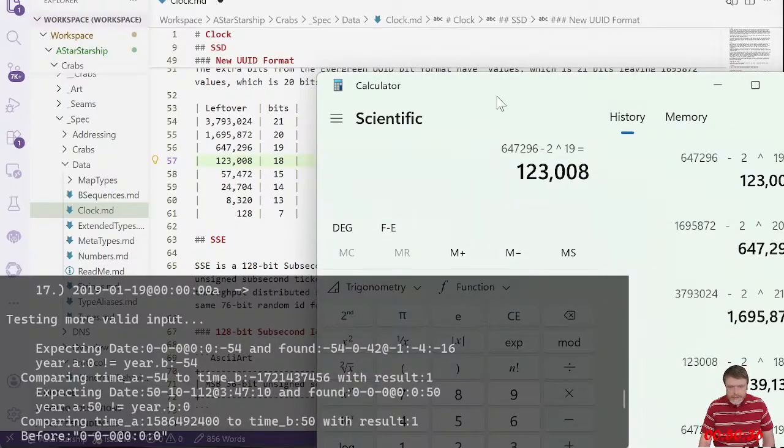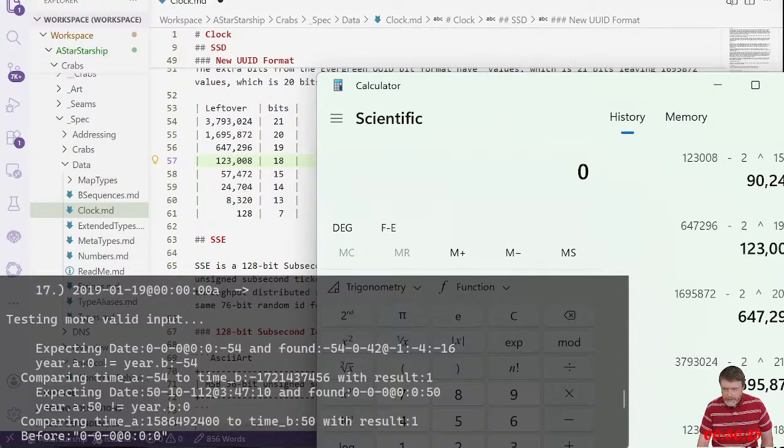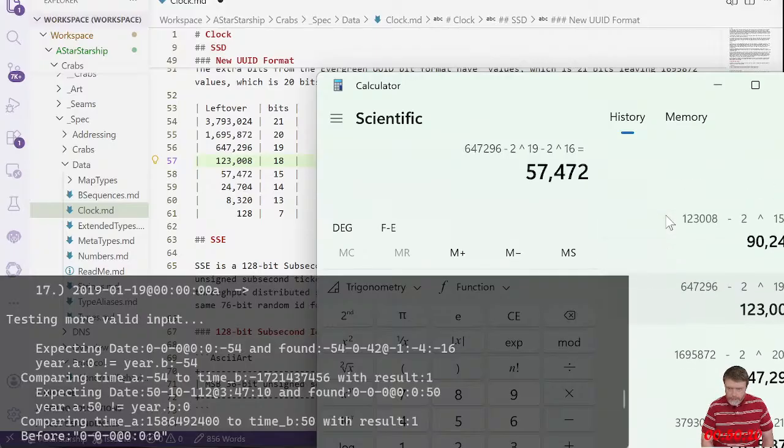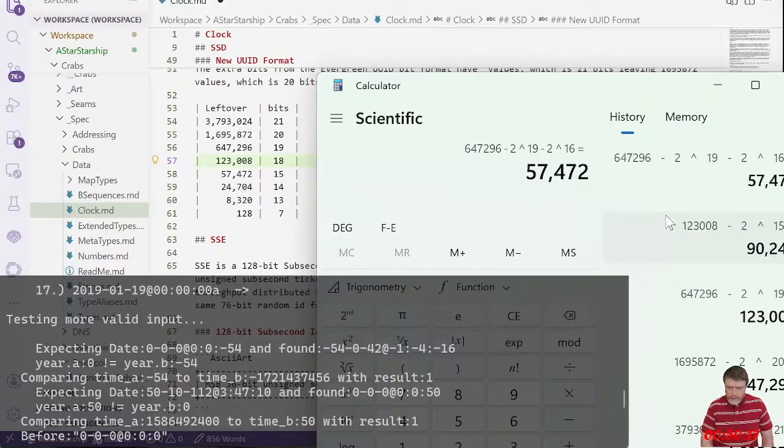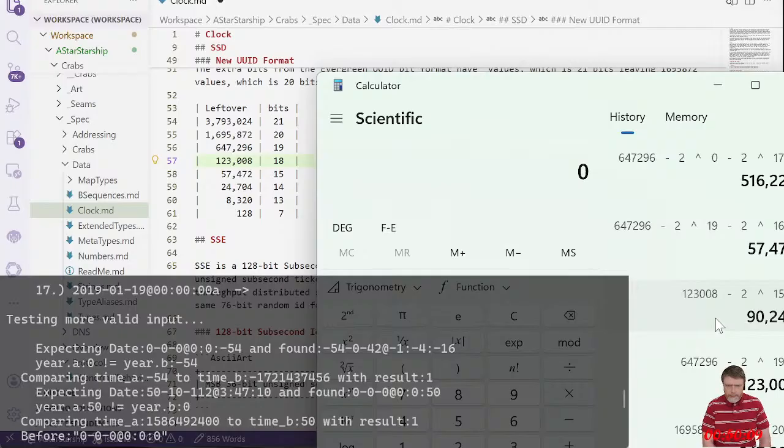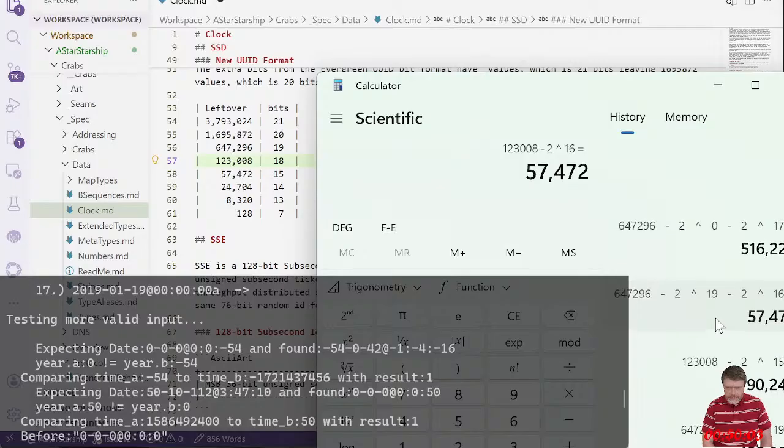And then it's minus 18, minus 2 to the 15th. And then that's what? No, it's 2 to the 16th? Wait. 123,008 minus 2 to the 16? 123,008 minus 2 to the 17.